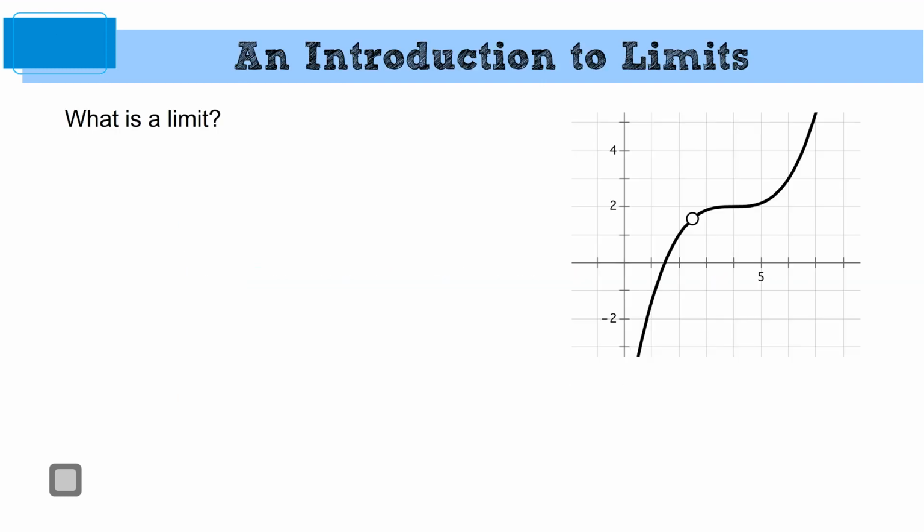Okay? So, limits. What is a limit? So let's look at that picture. I've got some function there. What can you tell me about that function, Cassie? Other than it's pretty. It's got a hole in it. It does have a hole in it. What generates that hole, by the way? How do you normally get a hole in a function? It's the denominator 0.